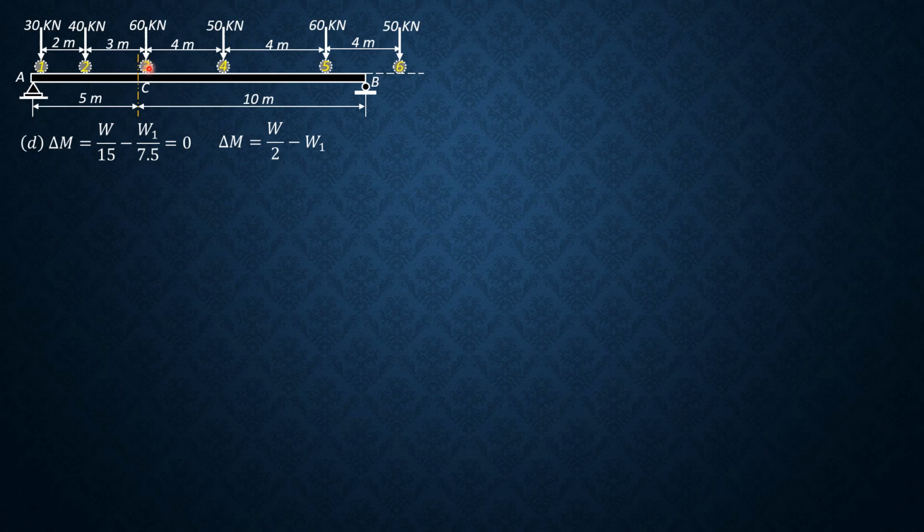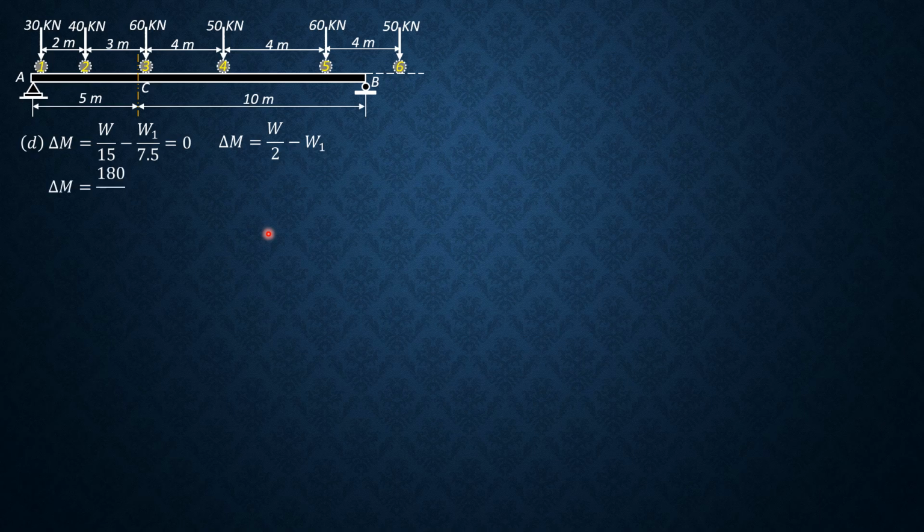Whereas if load 3 is over the center line, 40 and 30 will be close to the center. 50 is the same, close to the center, and 30 is also included. So there will be many loads if load 3 is over the center compared to load 5 over the center. So this gives greater moment at the center line than load 5 at the center. So let's consider 3 and 4.